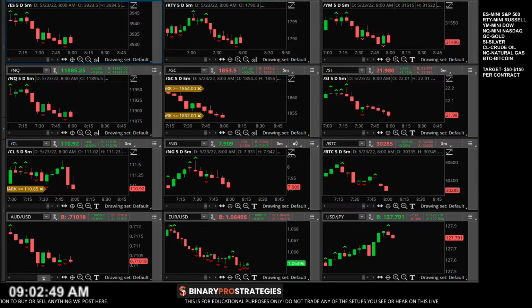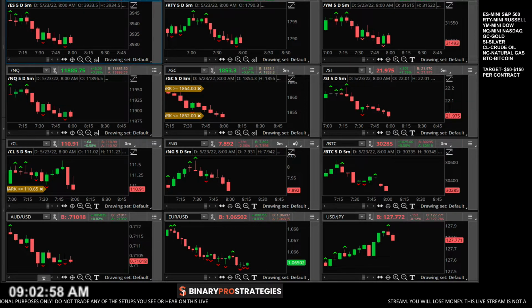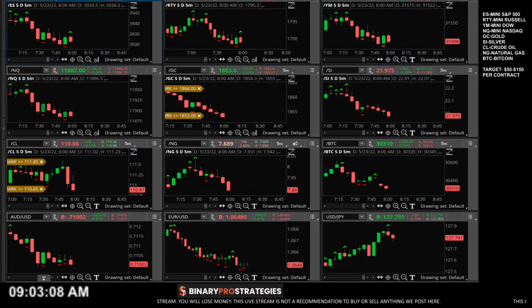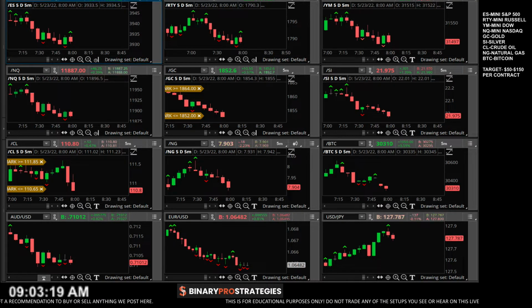Reversal, if we don't hit our target on crude, is going to be 111.85. Gold's trying to hit target here. It's at 52.5. 52 is our target on the gold.